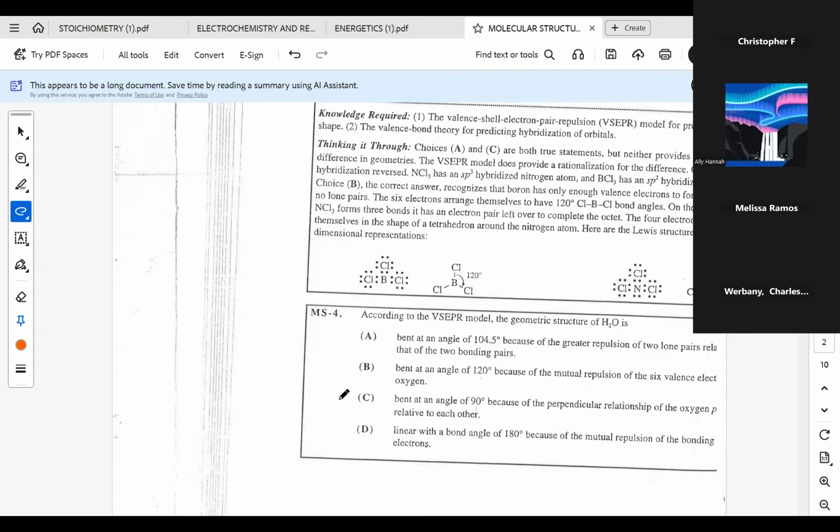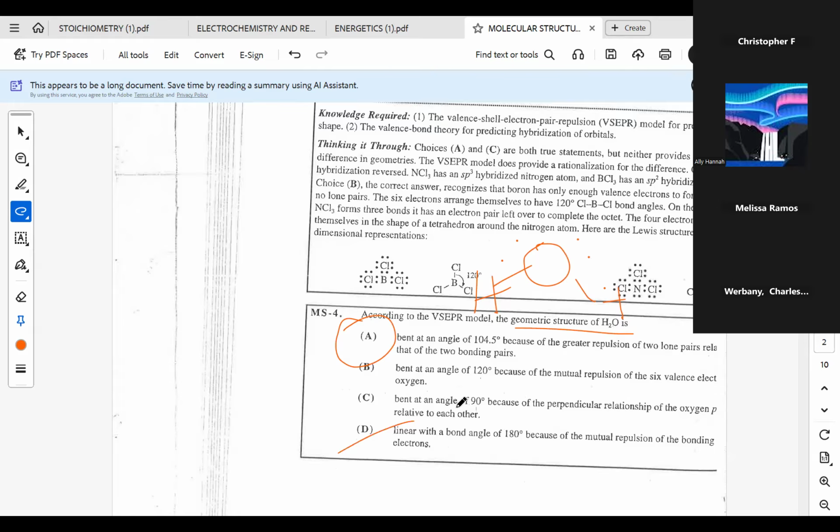We know this, right? The geometric structure, so this is saying the molecular geometry. That's another way of saying that. We have O in the middle, two lone pairs, two bonding pairs. So we know 2 and 2 will give us a bent structure. If we wanted to know the bond angle specifically, it's not going to be 180 because that's linear.